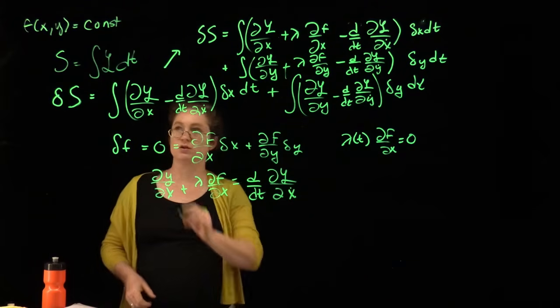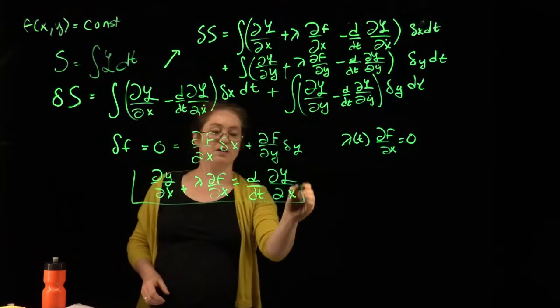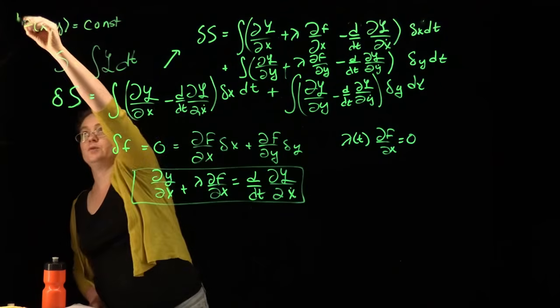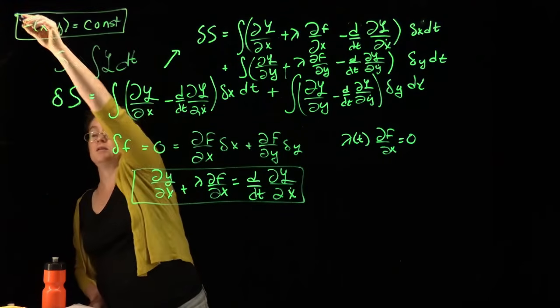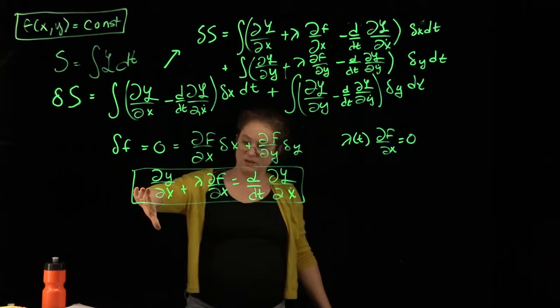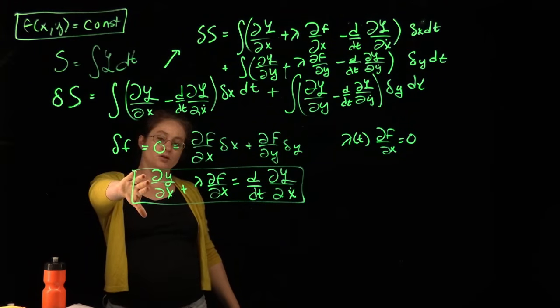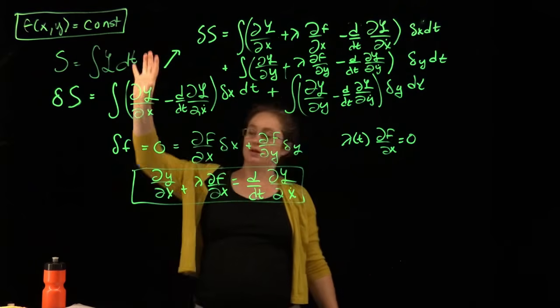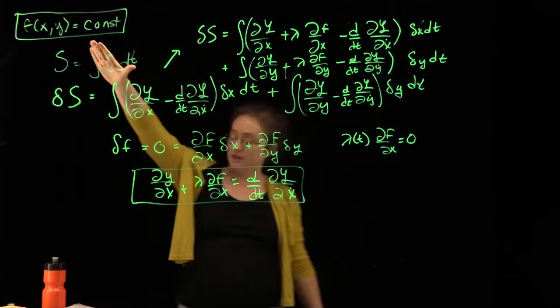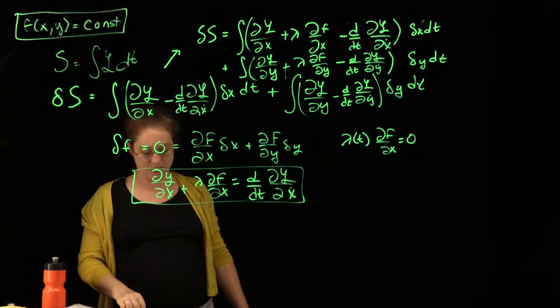And so the key part is that you can write your constraint as this. Now, when you take these derivatives, so that you can get the equation, you may need to use your equation of constraint again.